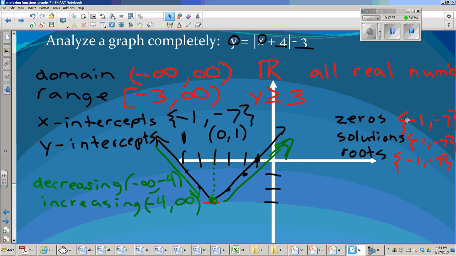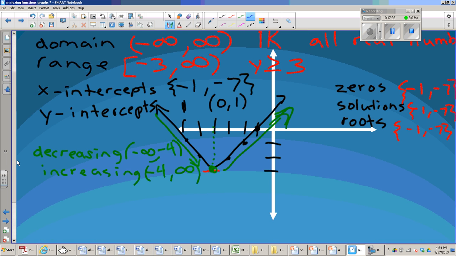Now let's look at end behavior. So what's the graph doing on the left-hand side? As x approaches negative infinity, what do the y's do? They're going up to where?